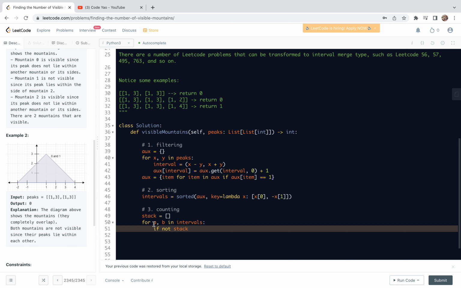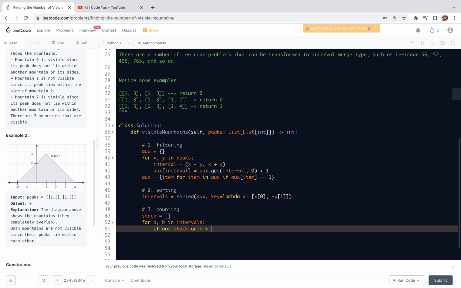First case, if not stack, then we should add the current interval into the stack. In the other case, if the stack is not empty, in other words there is a previous mountain, we want to compare that mountain with the current mountain. We already know the current start is no less than the previous start.